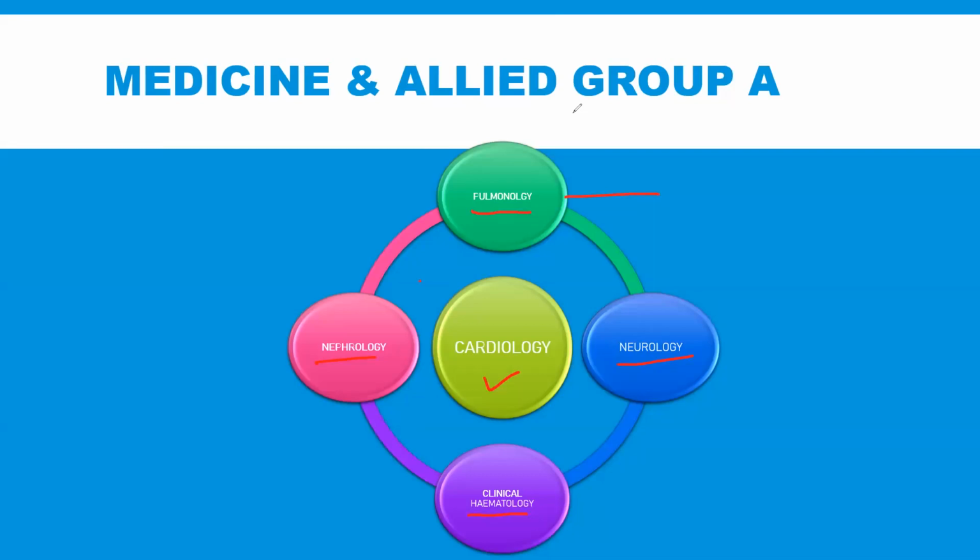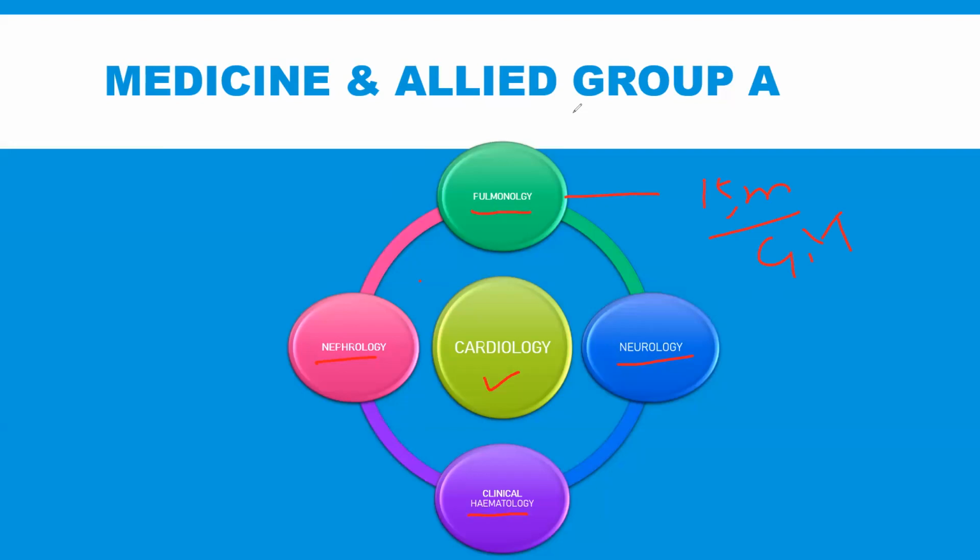If you are in medicine and allied, you have to take 15 months of initial training in general medicine. And then after 15 months, if you are in Group A, you have to rotate through all these specialties.